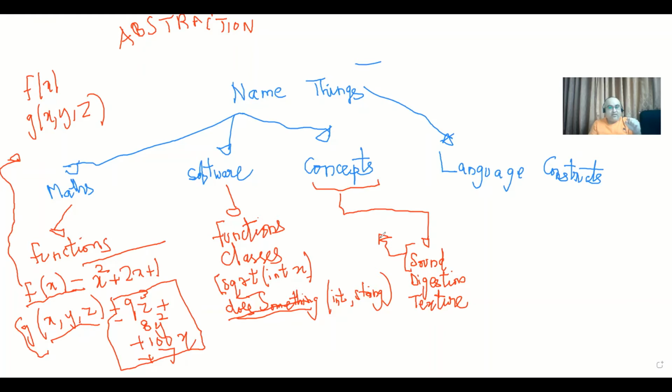But it does give me a handle because it tells me of my intent, right? What is really my intent? I have to discuss something about sound. So I have to name it in such a way that I can get a handle on it and then hide some of the complexity, the detailed discussion, the patterns, the angles and the depths and correlations and everything, the details, hide it behind that name. That name is called sound.